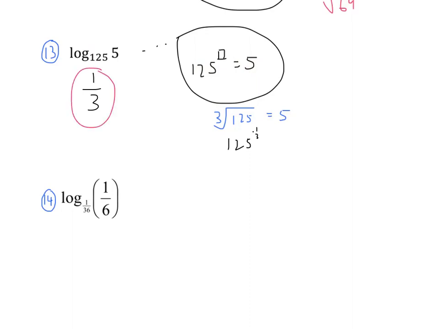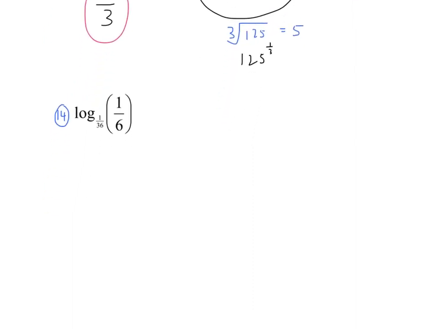And last one, log base 1 over 36 of 1/6. Our logarithm is the exponent that we need to raise 1 over 36 to in order to get 1/6. You should be thinking about square root here.